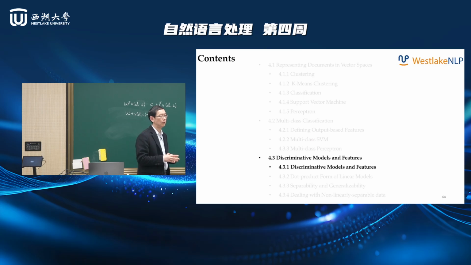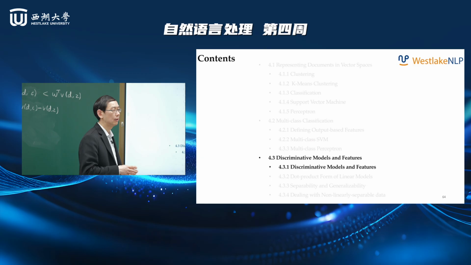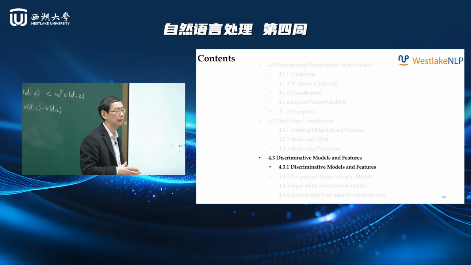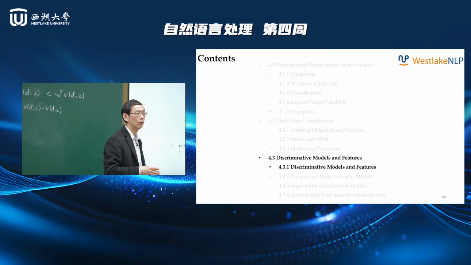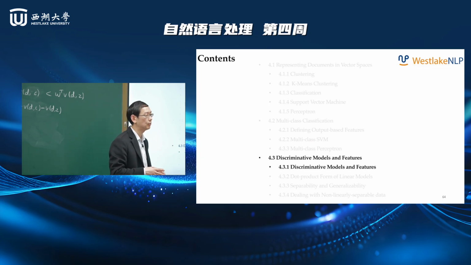But the difference is that naive Bayes does classification by making a generative process. You generate the document and the C by first generating C, and then you generate every word in D. That's called a generative model. The perceptron and SVM do different things. I just directly, straightforwardly score different C. I'm not a probability model.